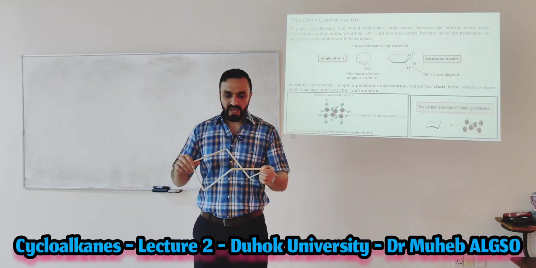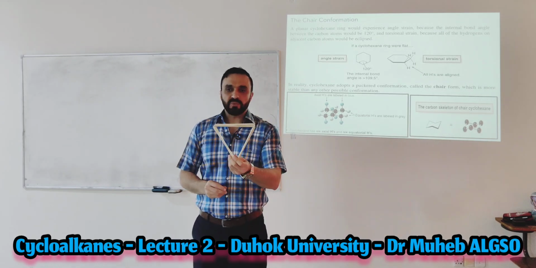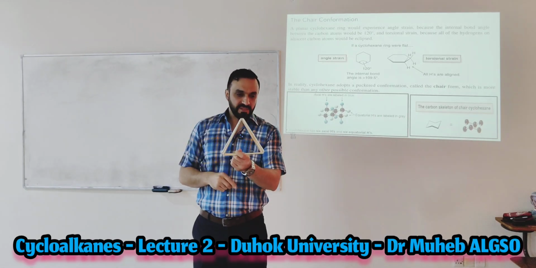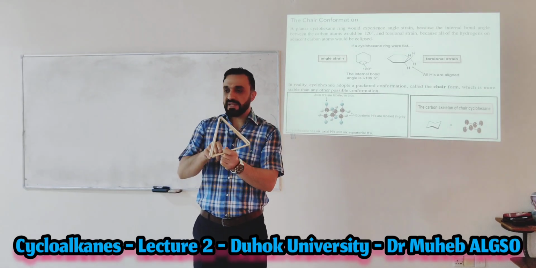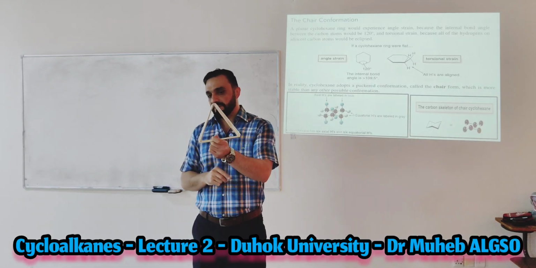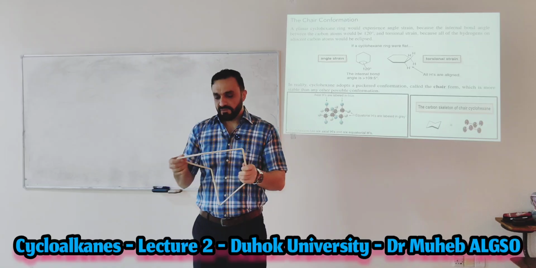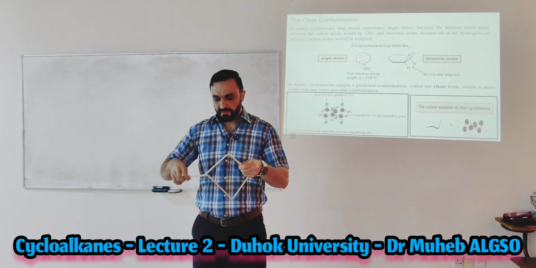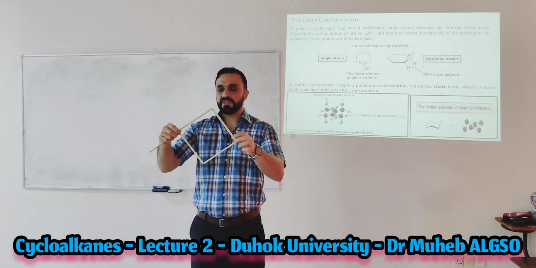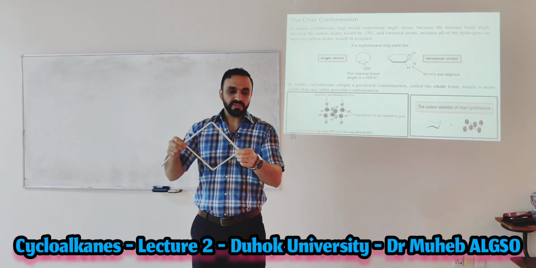So for example, if we have the cyclopropane, this angle here will be 60. So we have here a very strict angle strain. And if we have, for example, cyclobutane like that, this angle here will be 90, and it will also decrease the stability.